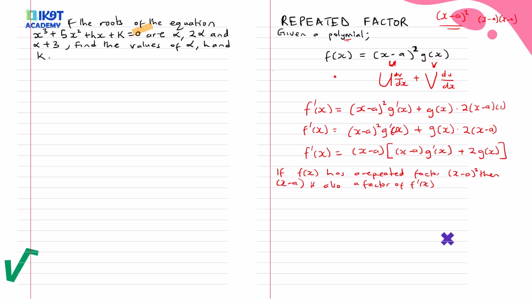This is what we're trying to prove: when you have this function with a repeated factor of (x - a)², its derivative also has x - a as one of its factors. So what does that mean? In many questions about polynomials having repeated factors, always, as an instinct, we're going to find their derivative, knowing that one of the factors of that derivative is going to be the repeated factor. I don't know if that makes sense, but we are going to look at a few examples and I hope it will make more meaning.